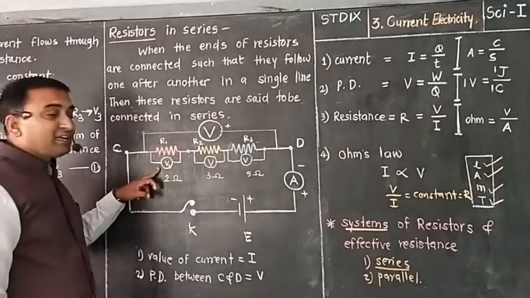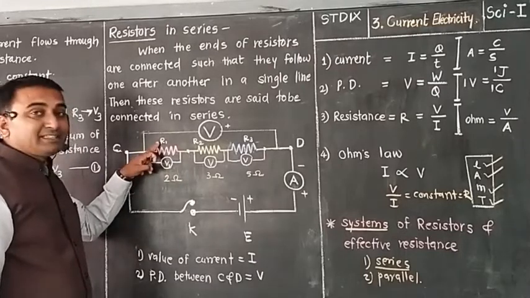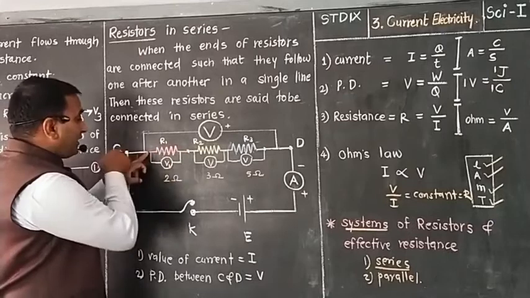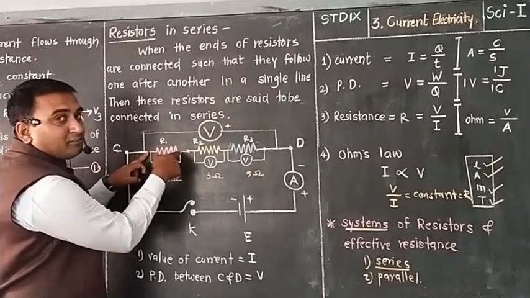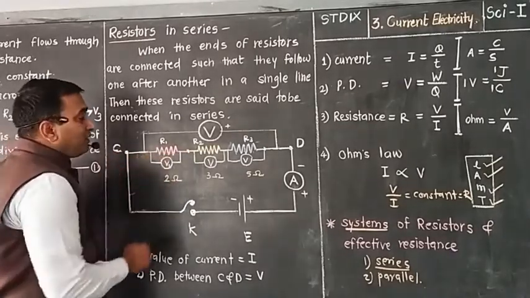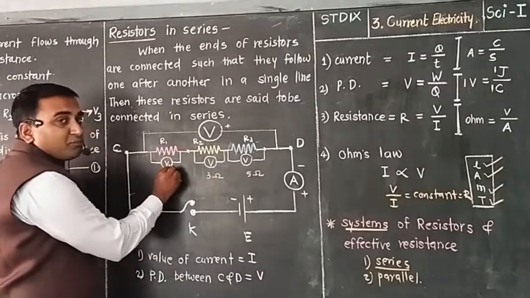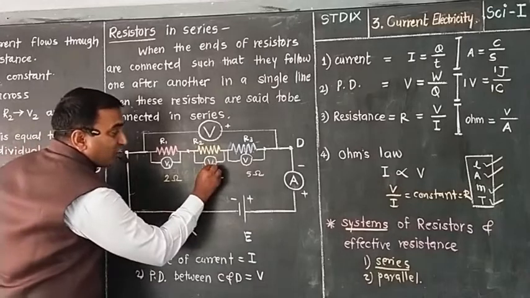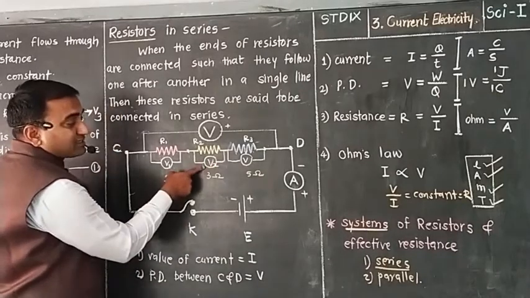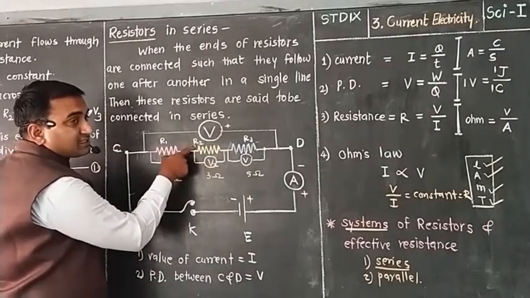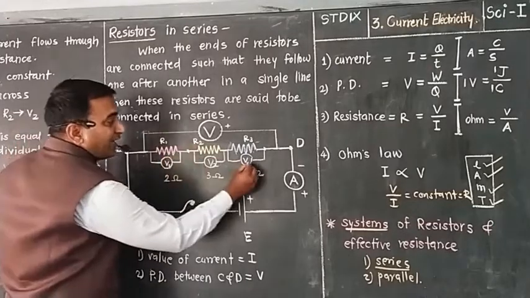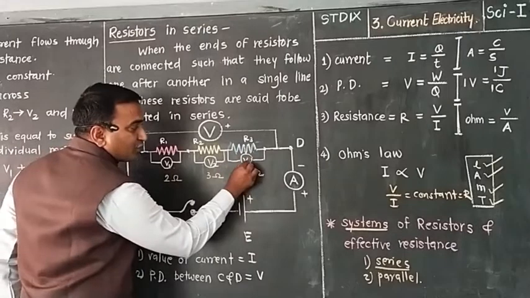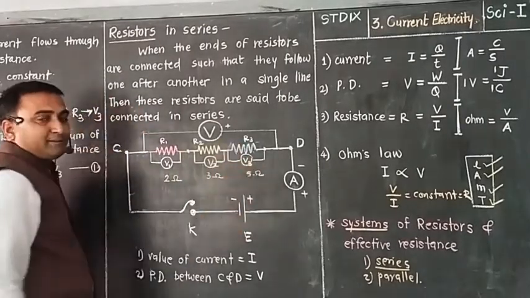That means V1 is the potential difference of resistor number 1, then V2 is the potential difference of resistor R2. And here, as it is R3, that is resistor number 3, we denote it by V3.